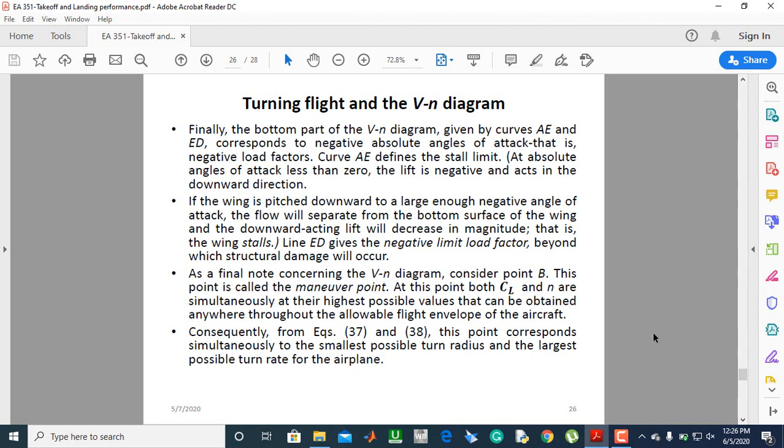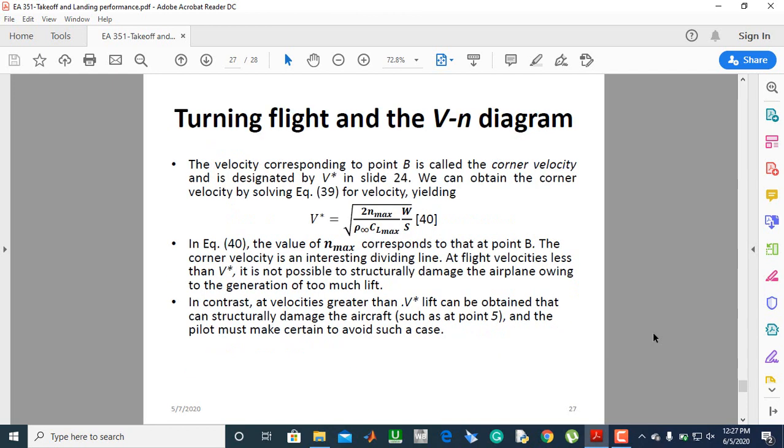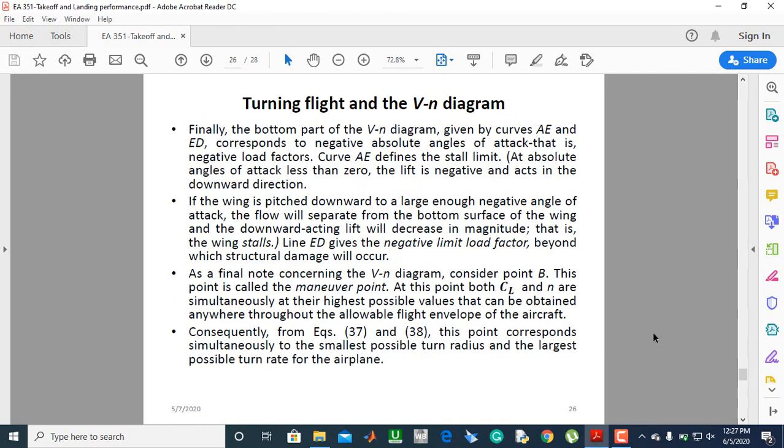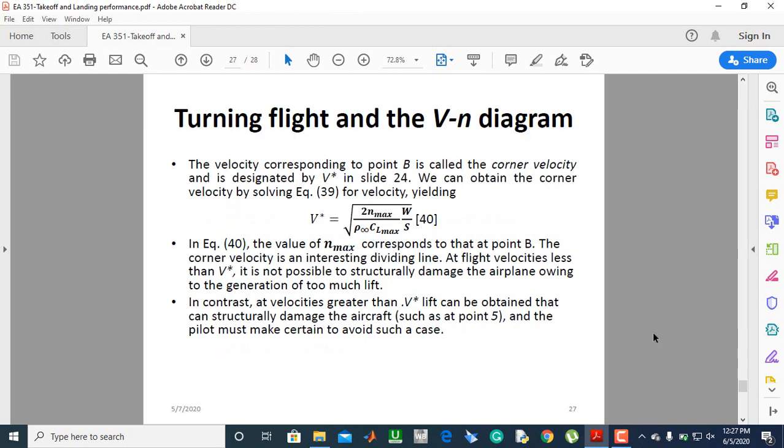So the line ED gives the negative limit load factor beyond which structural damage occurs again. This is pretty much the same as what I earlier explained, and I would encourage you to study it and make sense out of it.